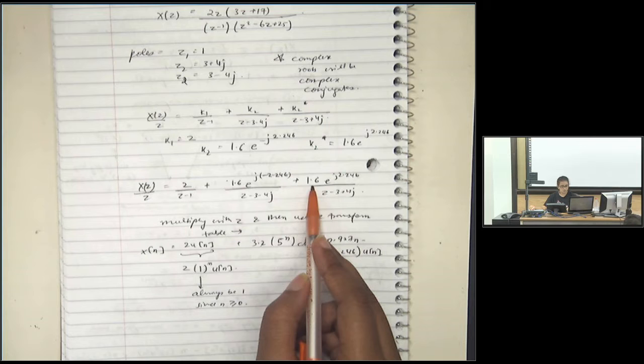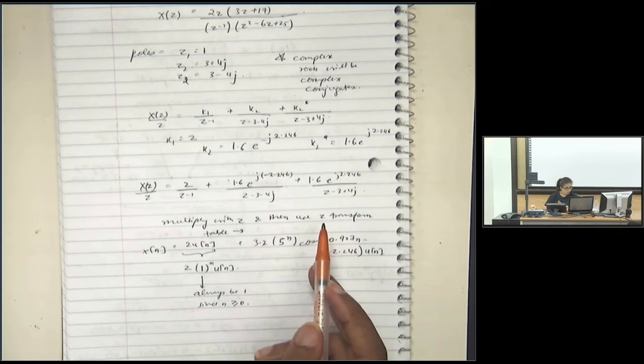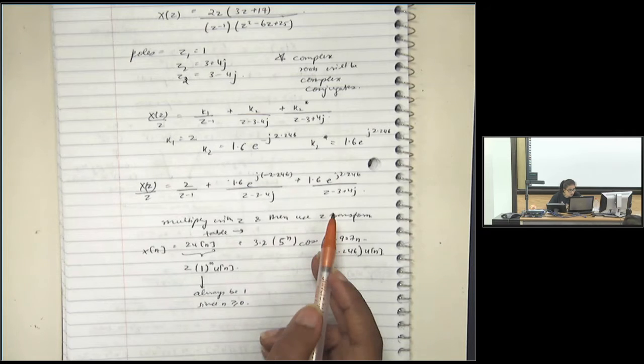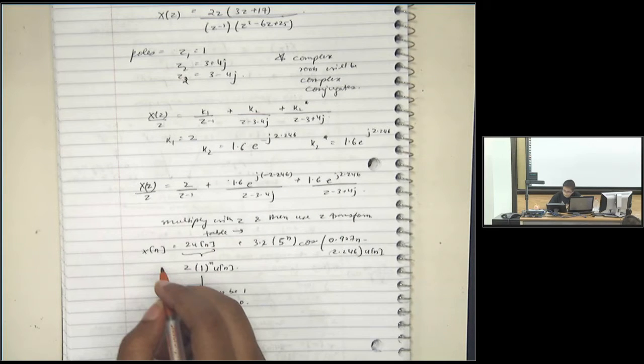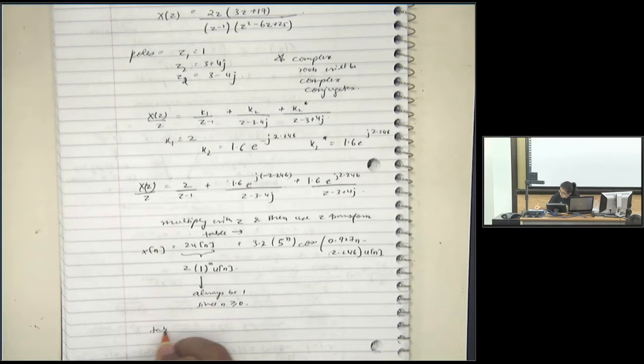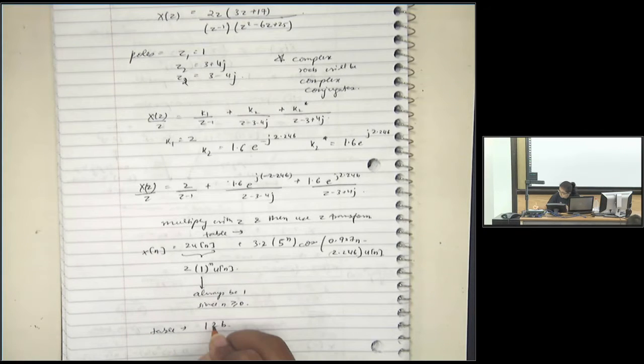Okay, so you will see the relation in the table. So I'll just write down that for you. One second. So it's in the table, it's the pair 12b.